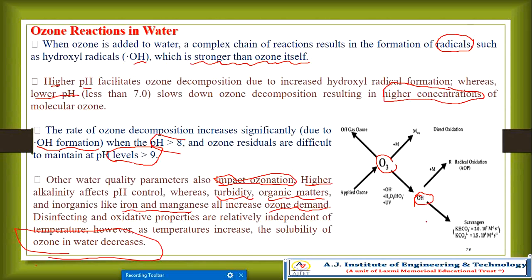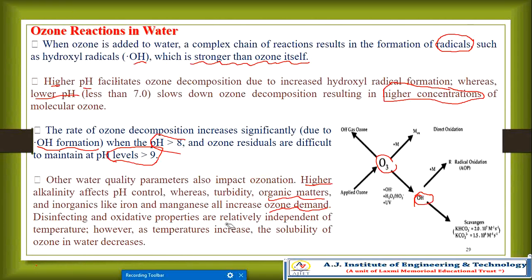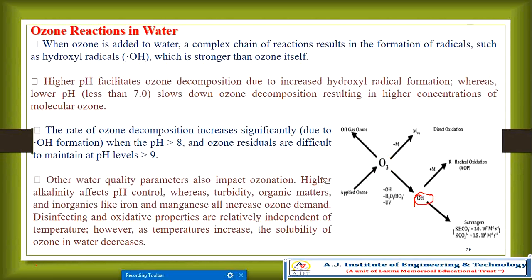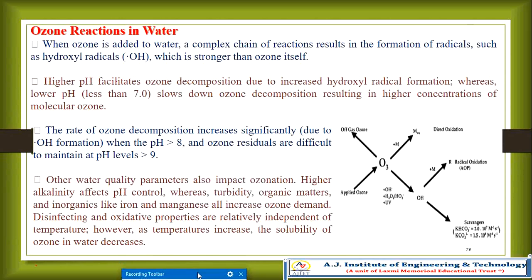So, what about the advantages and disadvantages? Let me take one more very important topic: the advantages and disadvantages of ozone.